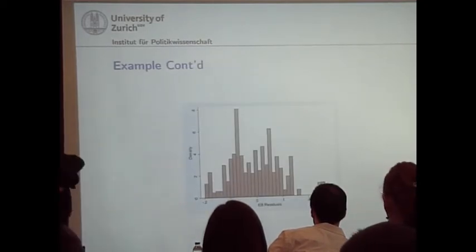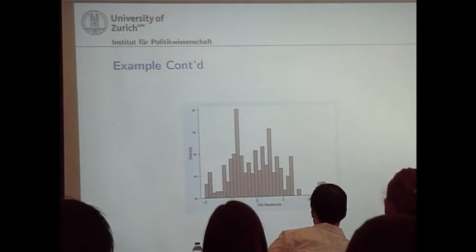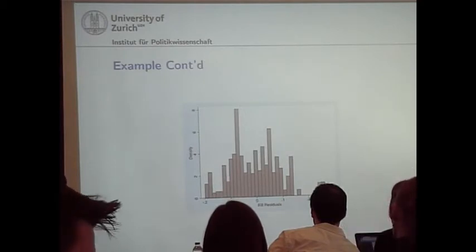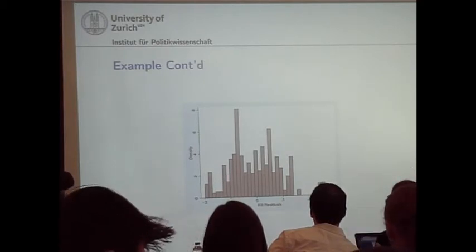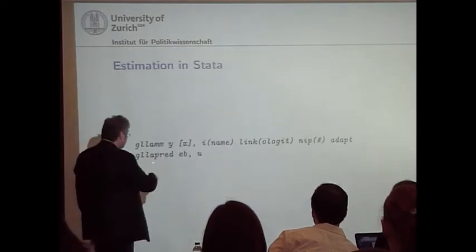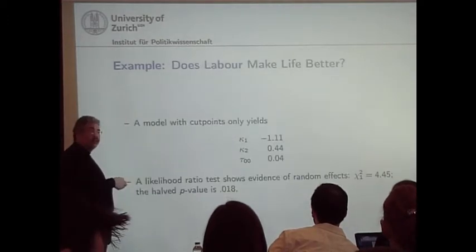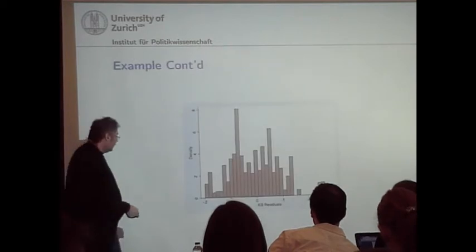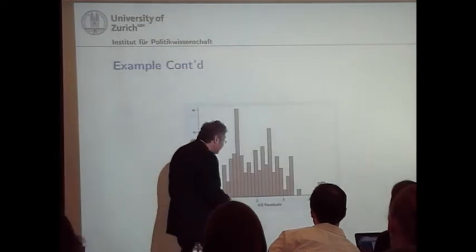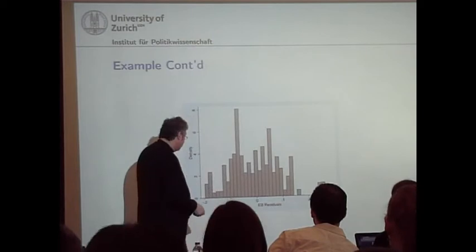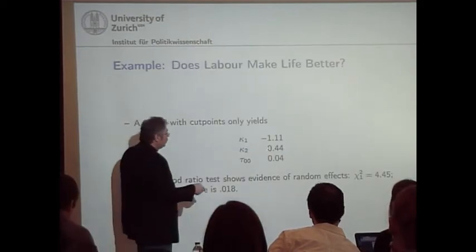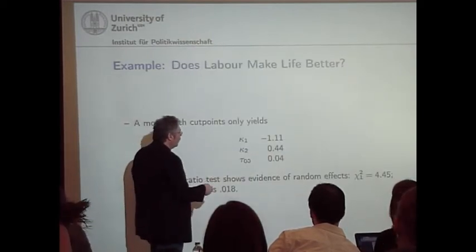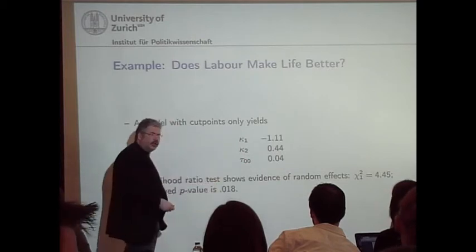And here are the empirical Bayes residuals. So these are my estimates of the delta zeros obtained using this command here. And you see there is actually quite a bit of variation. You see the cut points are negative 1.11 and 0.44.